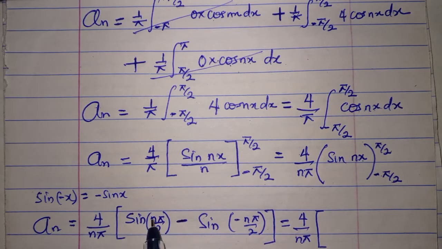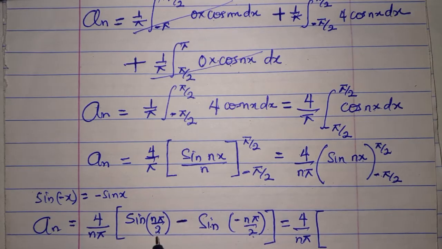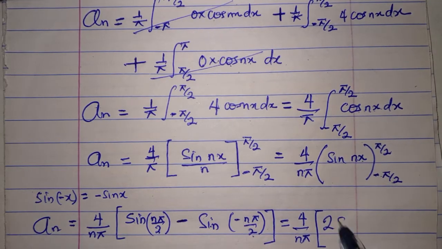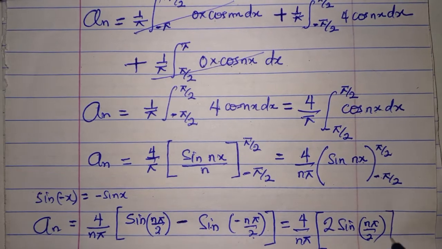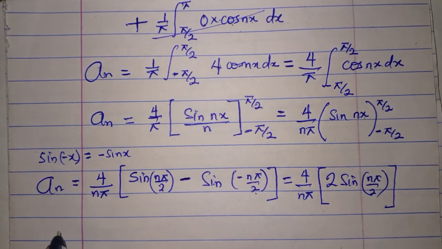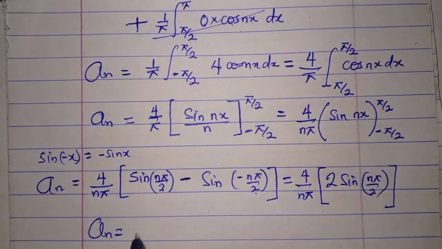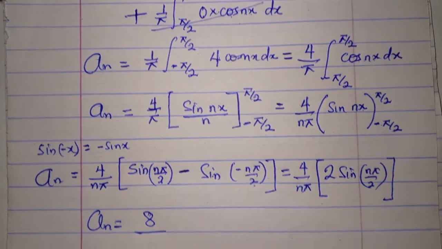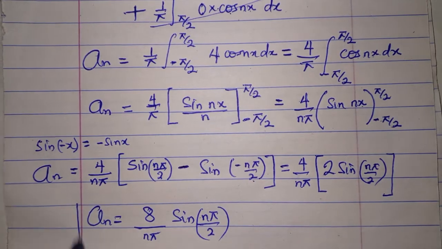So we have sine n pi over 2 plus sine n pi over 2, which is actually 2 sine n pi over 2. So a sub n is equal to 4 times 2, which is 8, all over n pi times sine n pi all over 2. This is what a sub n is.